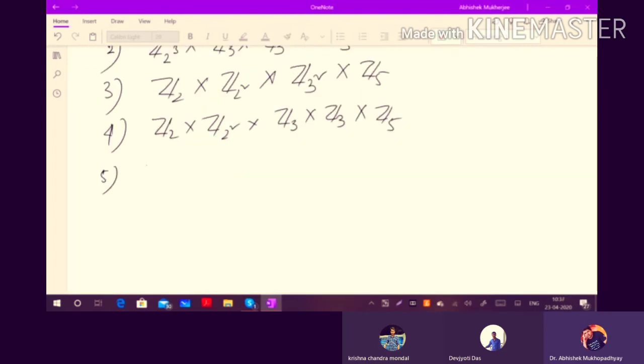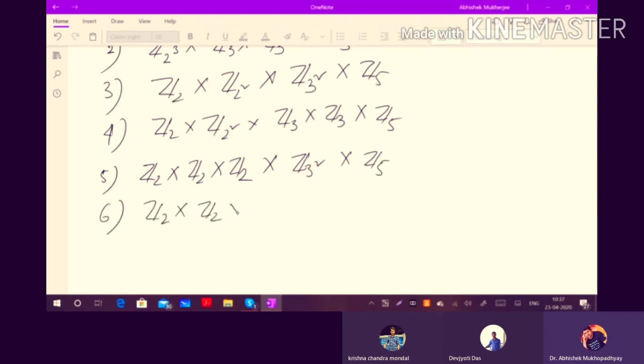Number 5, Z2 cross Z2 cross Z2 cross Z3 square, Z5. Number 6, Z2 cross Z2 cross Z2 cross Z3 cross Z3 cross Z5.